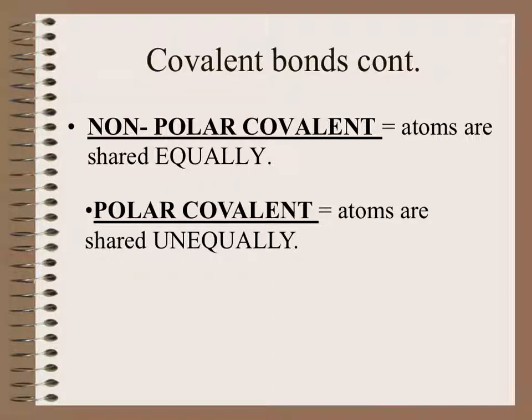They will share, but obviously the polar bear will get more of the share. So the polar covalent bond, the atoms are being shared with you, however, they are not equal. The polar bear may have 4 fish, and you may have 2. In the nonpolar covalent, the fish or the atoms are shared equally. So the polar bear has 3 fish, and you also have 3 fish.